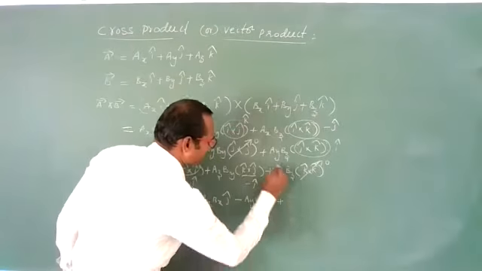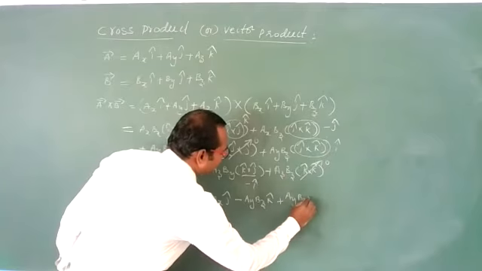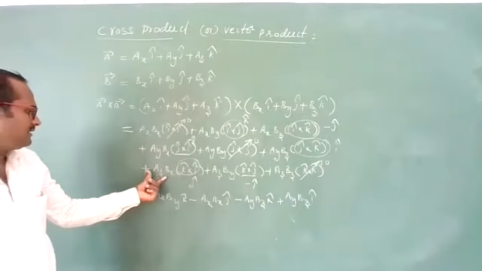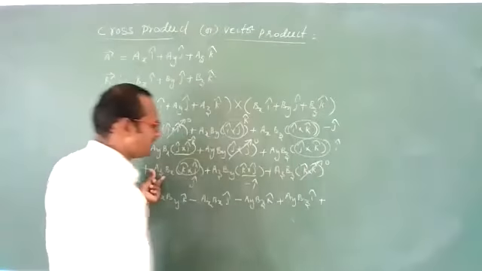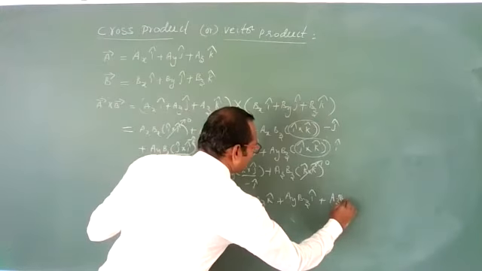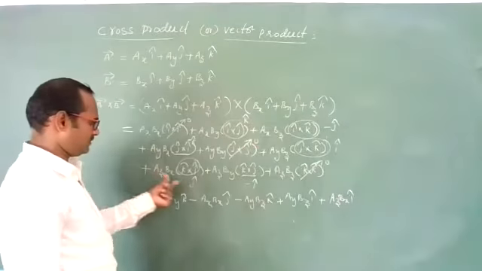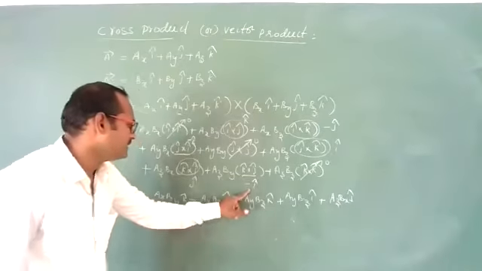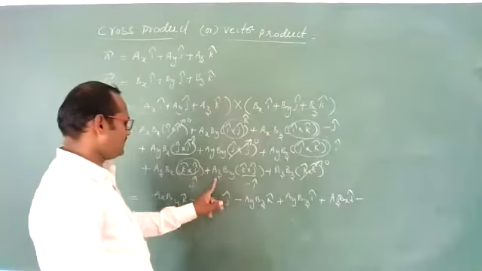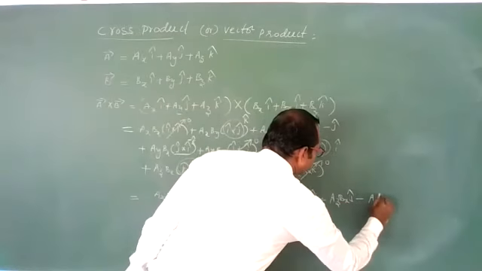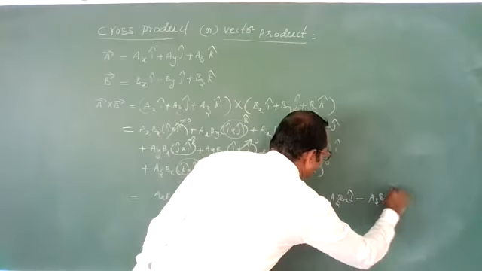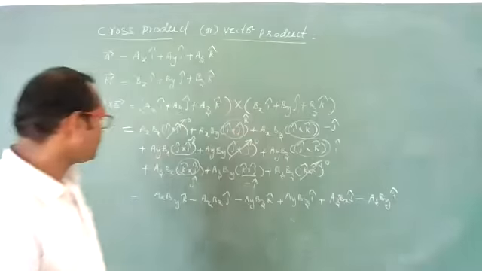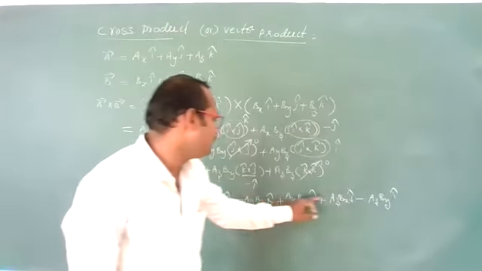Here, plus I. Ay, Bz, I cap. Next third line, yes here. Plus Az, Bx, J cap. And this is minus I. So minus we should write minus Az, By, I cap. And this is 0. So total 6 terms should be there. 1, 2, 3, 4, 5, 6.